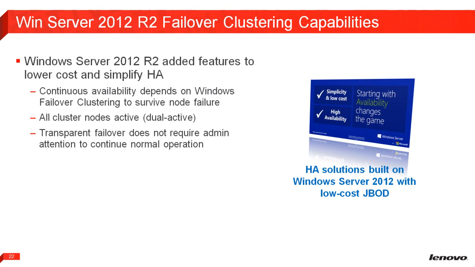It gives the ability to have continuous availability, so each of the nodes becomes active. If one of the servers goes down, the other server picks up where it left off, so there's no interruption in terms of data or processing.